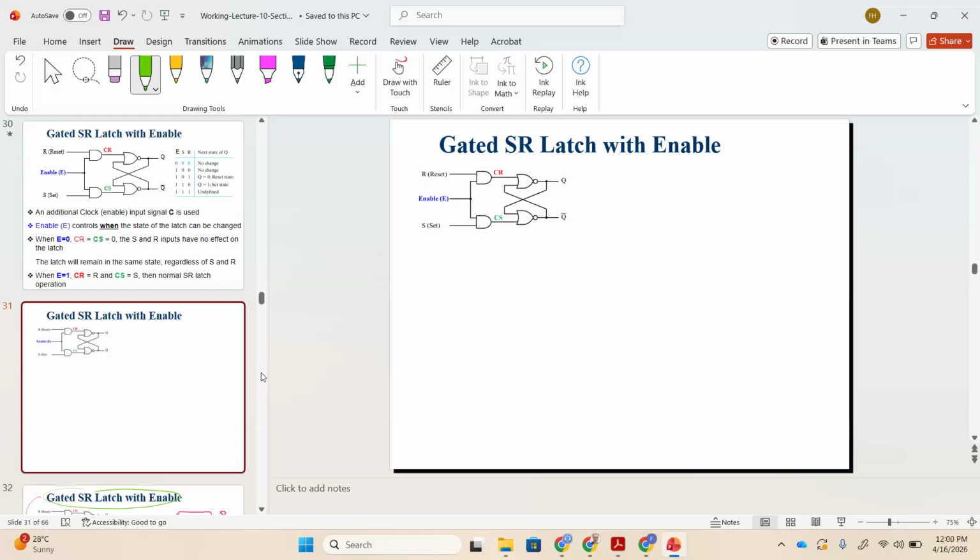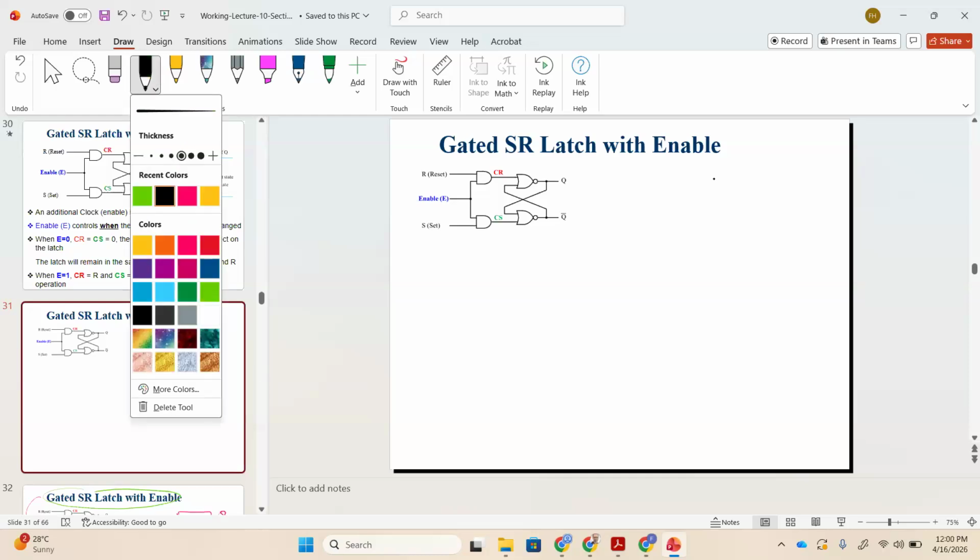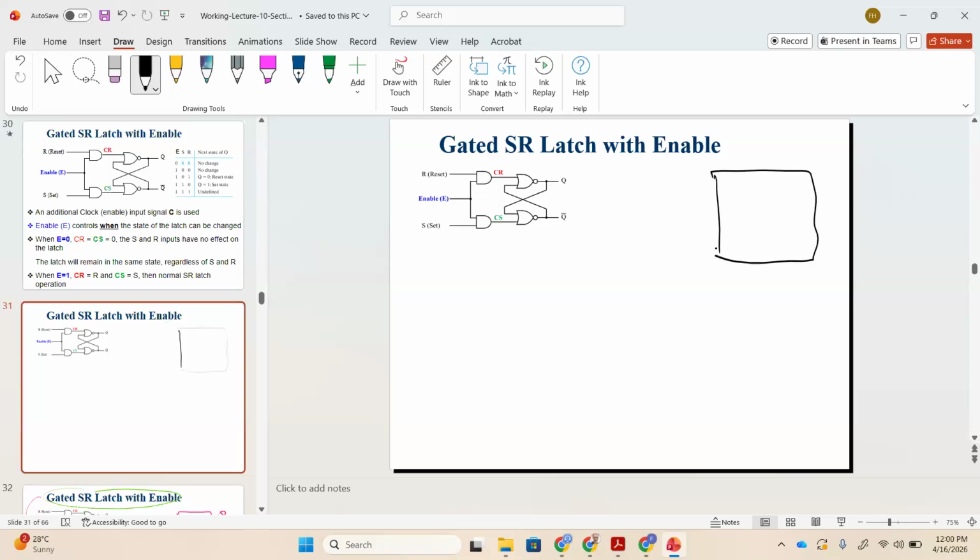Input is R, S, and E, and output is Q and Q bar. Very good. So Sidra? Yes. Okay, it's your first response. Very good. Now if you look at the block diagram of this gated SR latch, the inputs are R, E, and S, and the outputs are Q and Q bar.